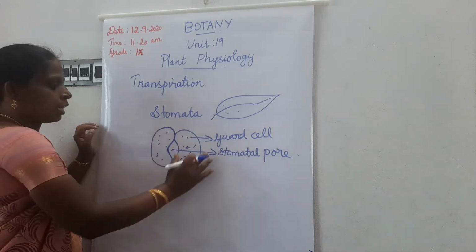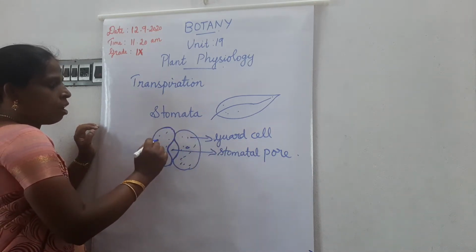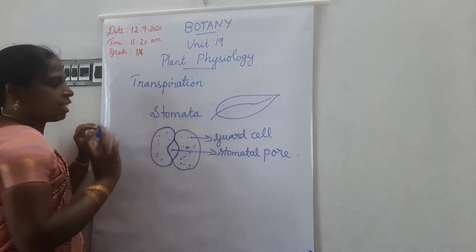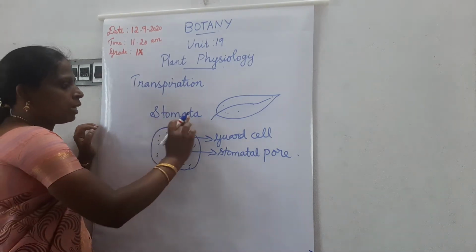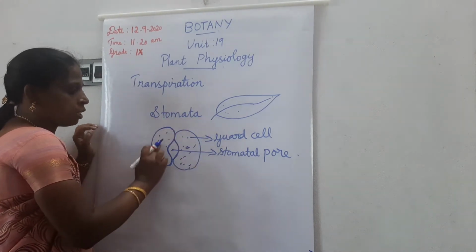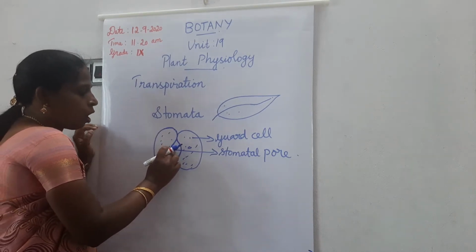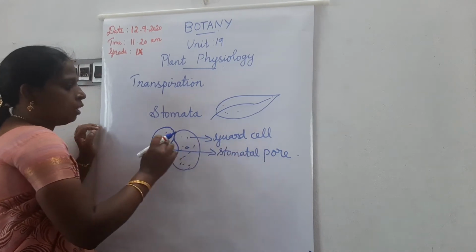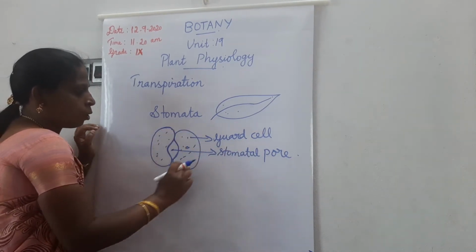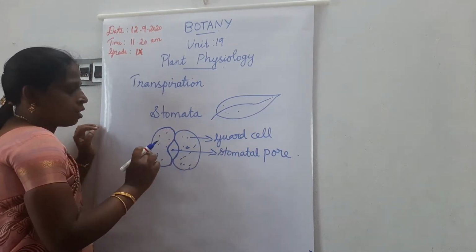So this is the structure of the stomata. The stomata consists of two guard cells and a small pore called the stomatal pore. The guard cell consists of an outer cell wall and an inner cell wall.